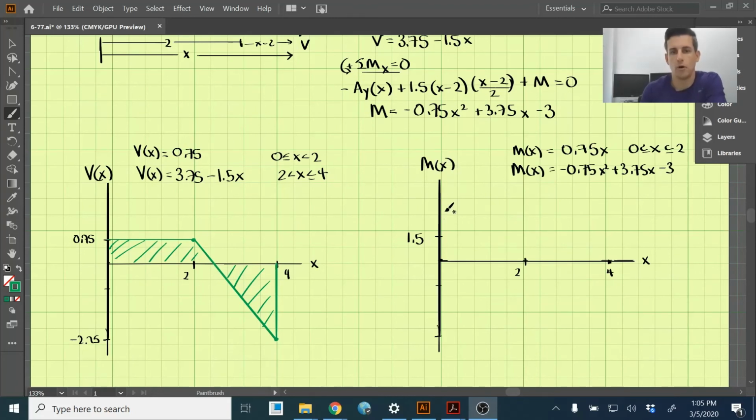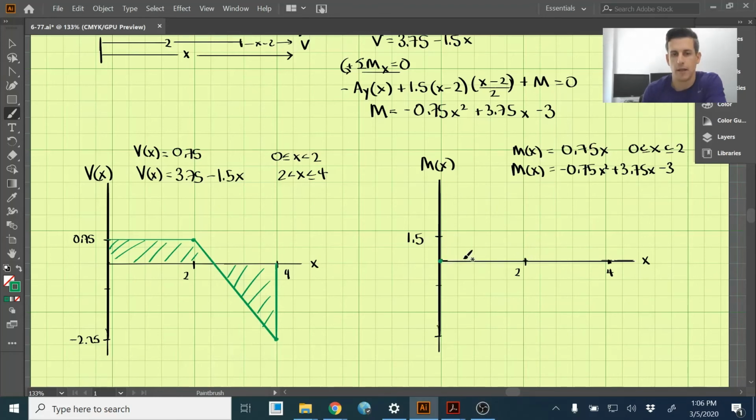Okay, I've now drawn the moment graph, the moment diagram, and re-entered the moments that we found from our previous calculations. From 0 to 2, we have 0.75x, and that's linear. When x equals 0, the moment will be 0. That's this point here.